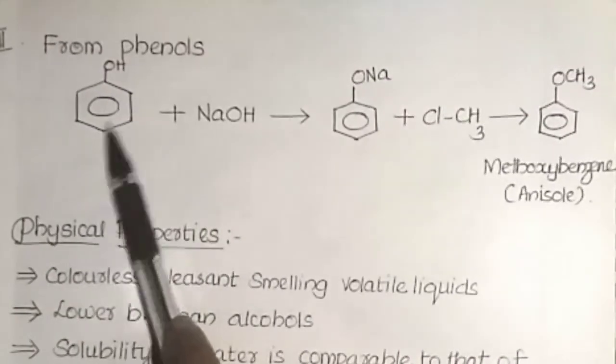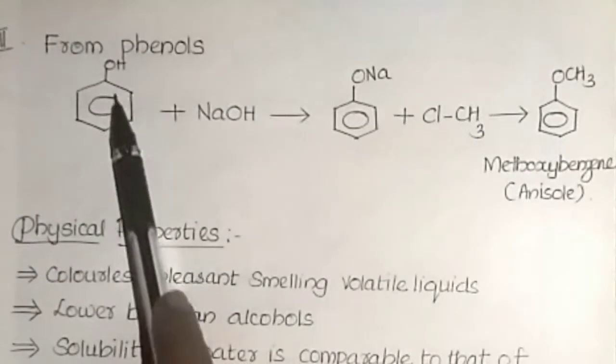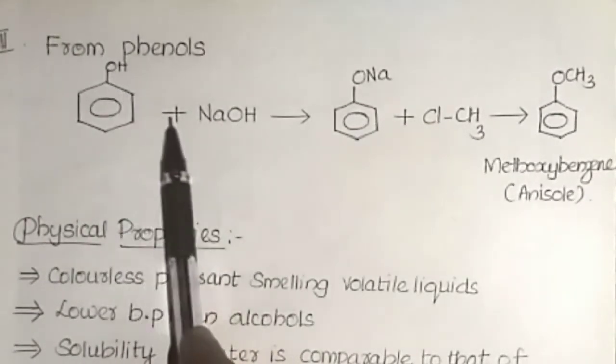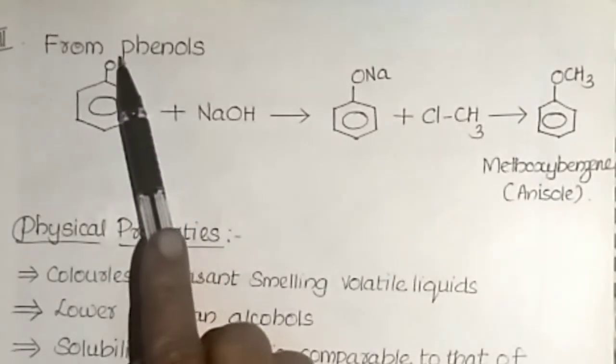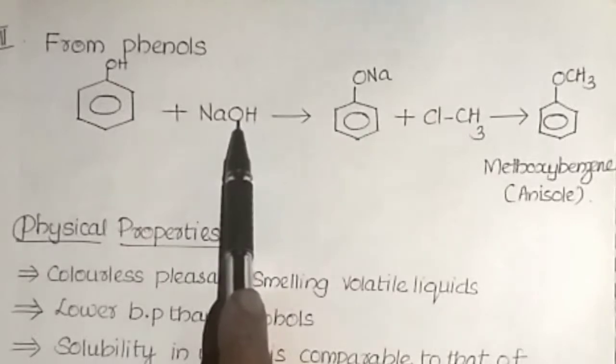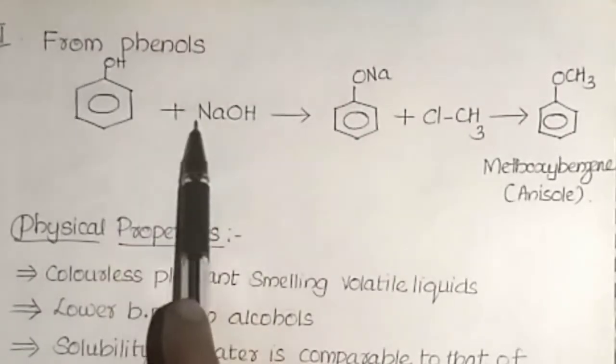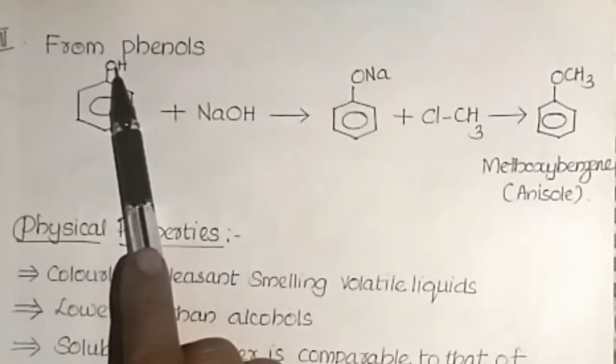Next, the third method of preparation, from phenols. Phenol, a benzene ring with OH, is phenol. Phenol on treating with NaOH, water elimination takes place, and here O is there, Na is attached there.